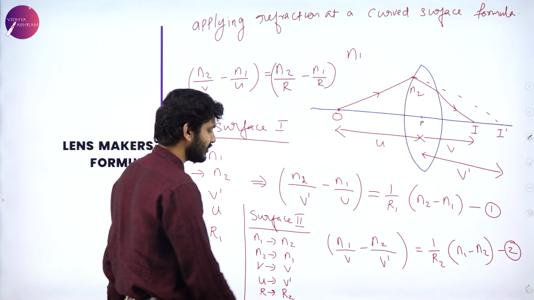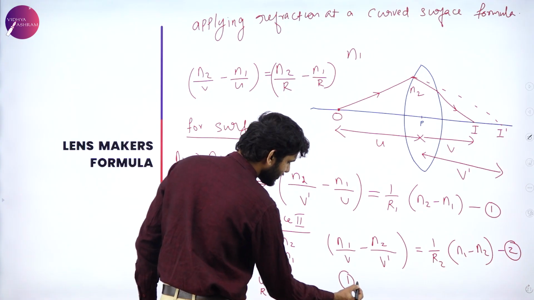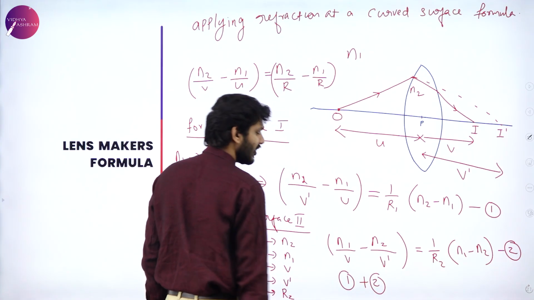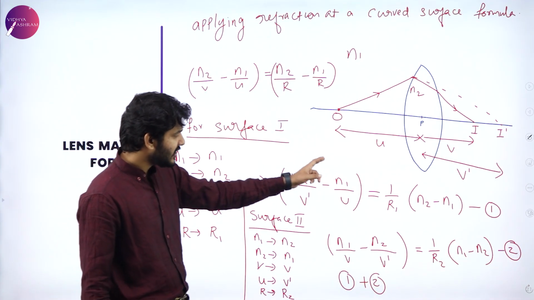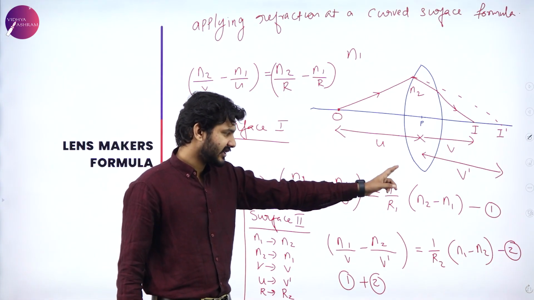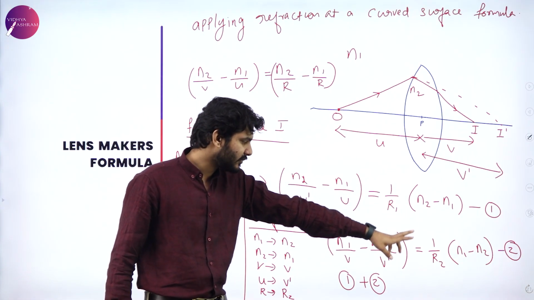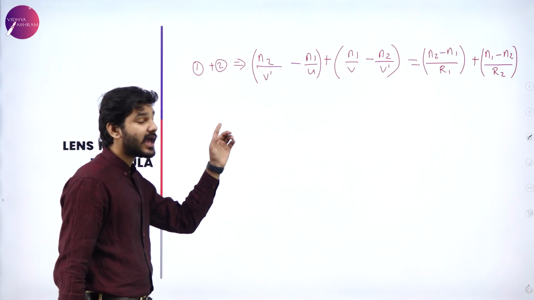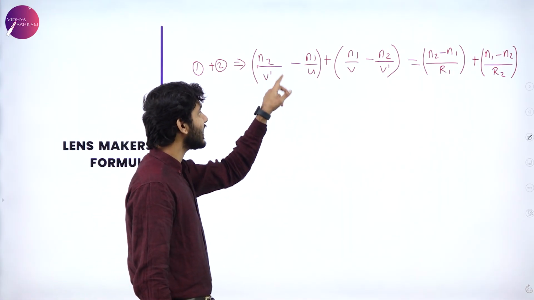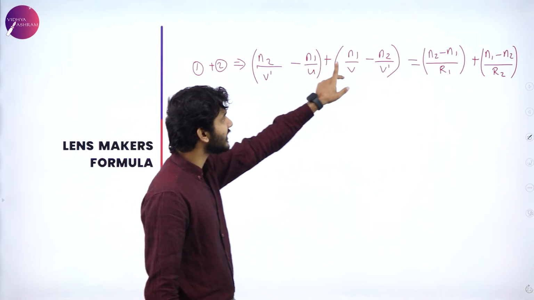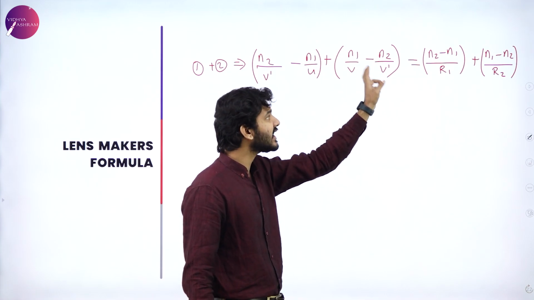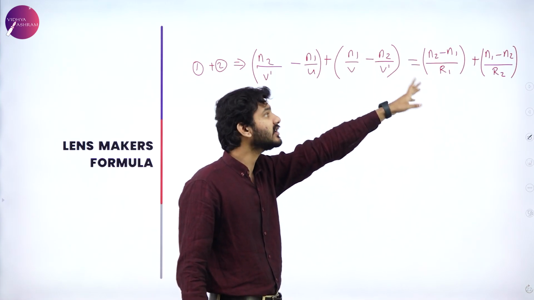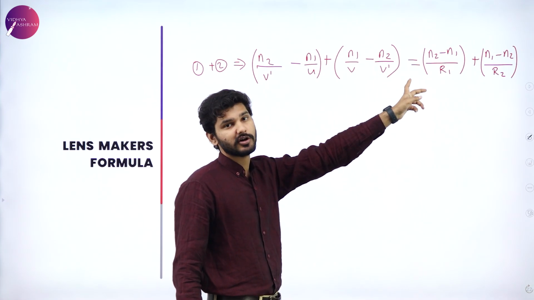Now what we are going to do is add 1 plus 2, which implies we add these two equations, left hand side plus left hand side, right hand side plus right hand side. So adding 1 and 2, we get N2 by V dash minus N1 by U plus N1 by V minus N2 by V dash is equal to N2 minus N1 by R1 plus N1 minus N2 divided by R2.